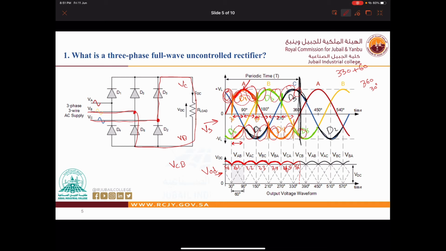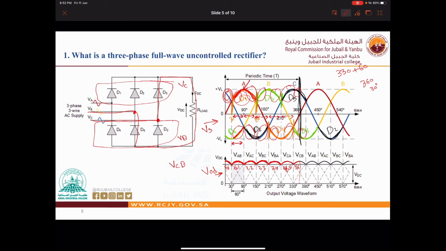Okay, so we can conclude something very important: in the three-phase full wave uncontrolled rectifier we have 6 diodes. The 3 diodes in the positive group are working in the positive side of the voltage source, and the 3 diodes in the negative group are working in the negative part of the voltage of the source.